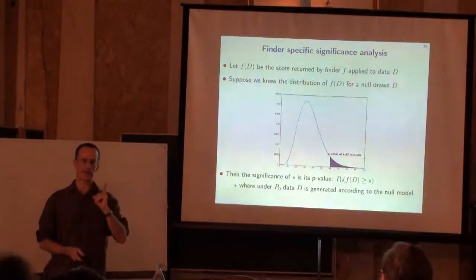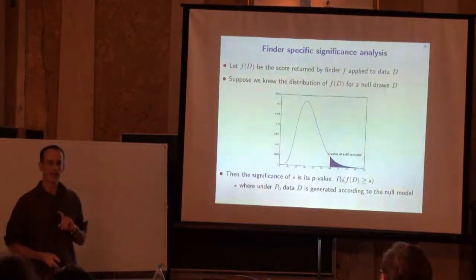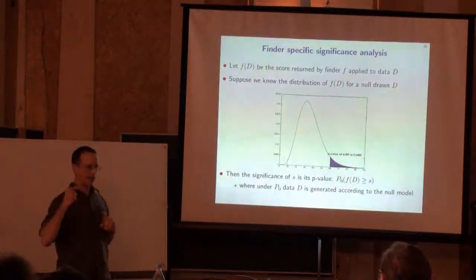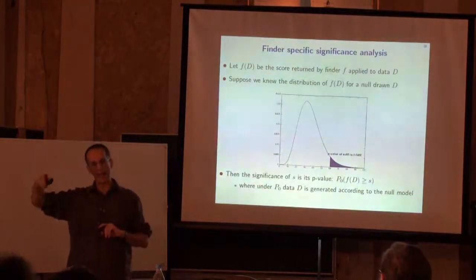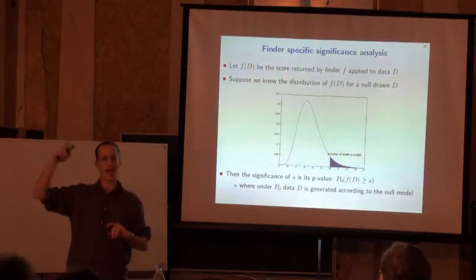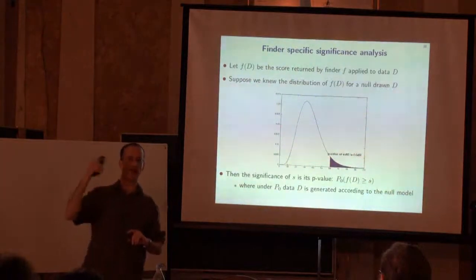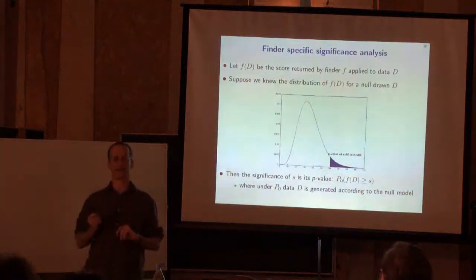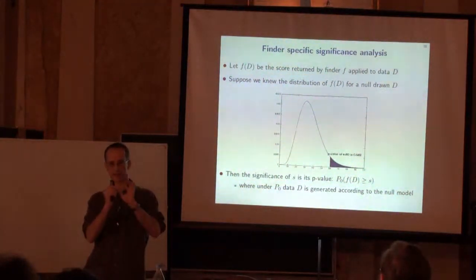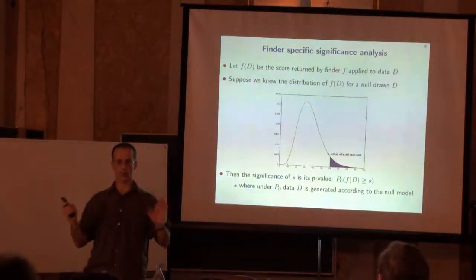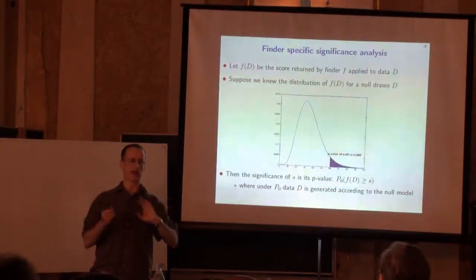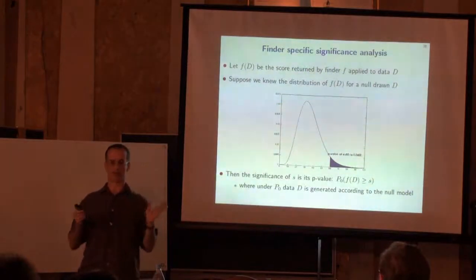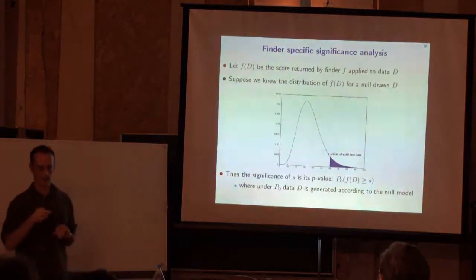And notice the big difference from before. Before I asked, what's the probability that the data set contains a motif of score S? Now I'm asking, what's the probability that the finder will find something greater than S? That difference is what makes one p-value wrong to look at from our perspective, and the other the right one to look at.